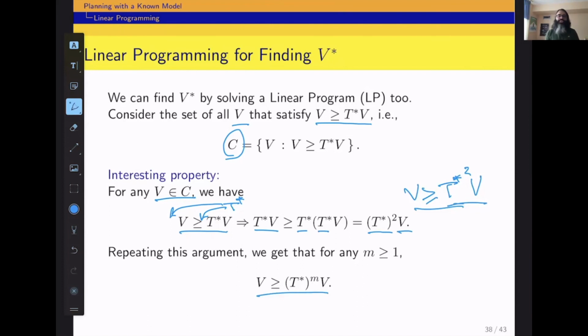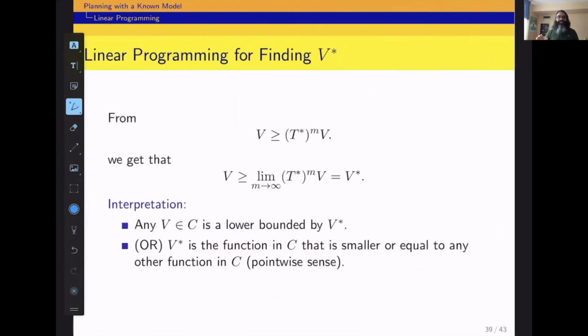And probably from what you've seen before, when we are doing this, we are usually taking the limit of m going to infinity to get to some quantity. So what is the quantity here? Here the Bellman operator is T star. If I let m go to infinity, this converges to what?